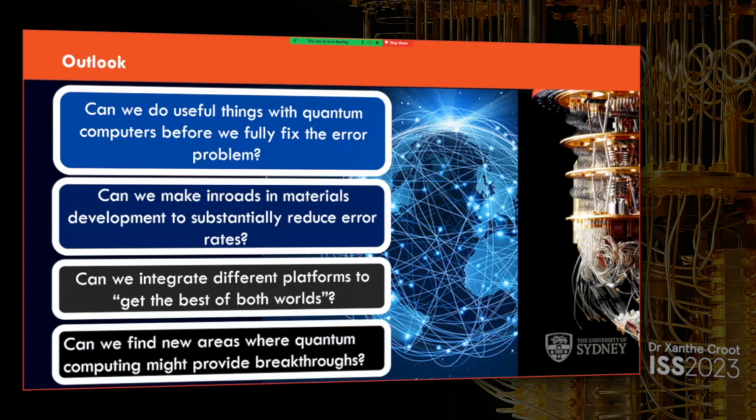And then finally, can we find new areas where quantum computing might provide breakthroughs? Well, the experimentalists are in the lab working at the 1 and 2 qubit level, trying to build better qubits and put more of them on the chip. The theorists are asking the question, can we develop new algorithms that can do new and exciting things with these quantum computers of the future?